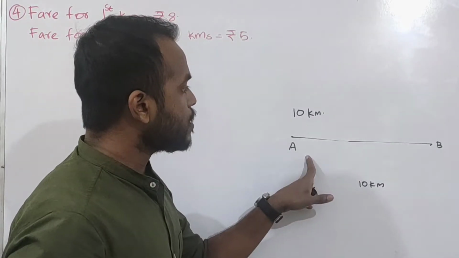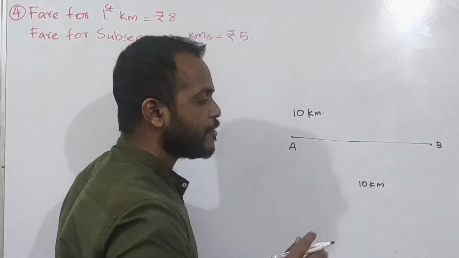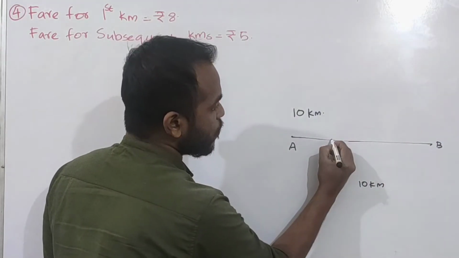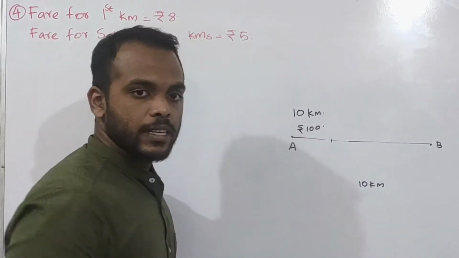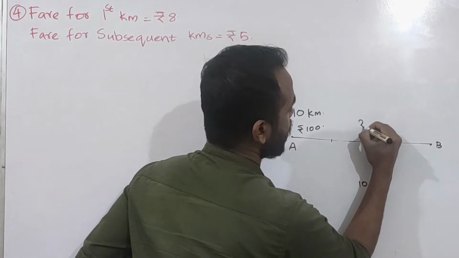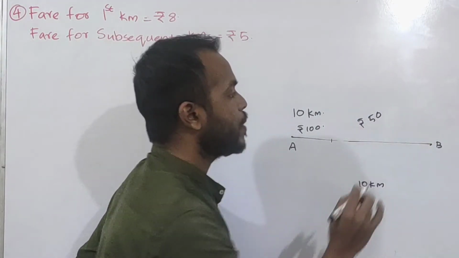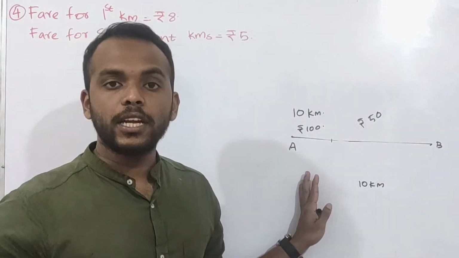Now my question is, for the total 10 kilometers, the fare is split in a way that for the first kilometer you need to pay rupees 100. Then for the remaining kilometers you need to pay rupees 50 for each kilometer. So what will be the total fare?